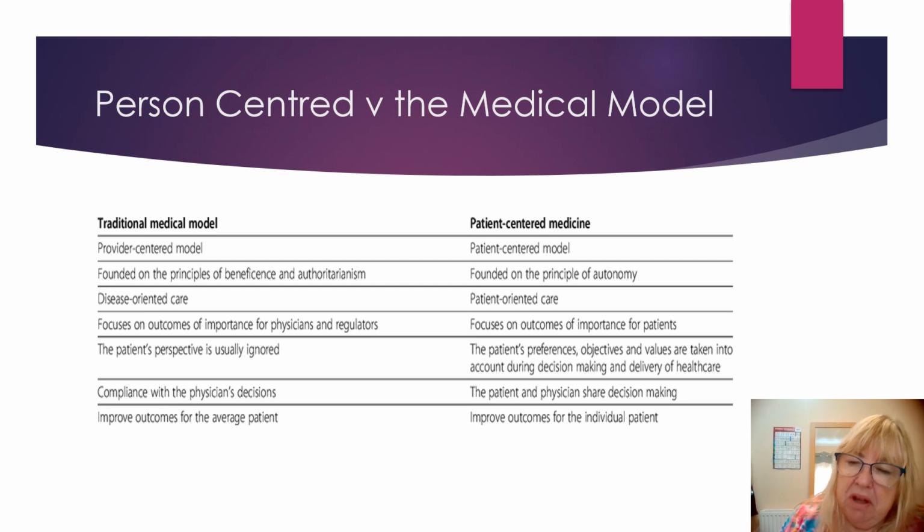In the person-centered model, the person and the doctor and the nurses and other people in their team share the decision making. So the decision isn't just made by the doctors. You say, well, actually, doctor, that won't work for me. My family can't manage that, so they've got to come up with something else.